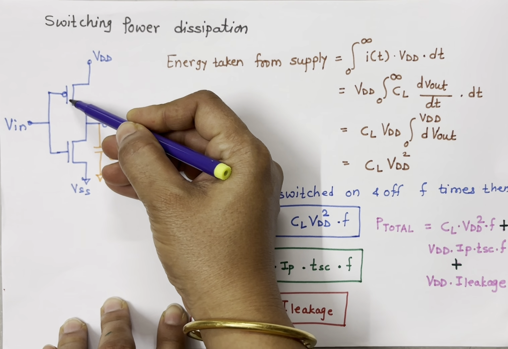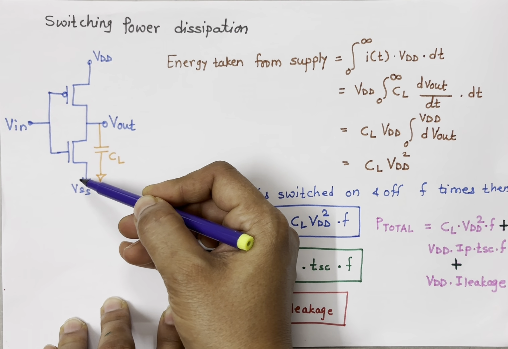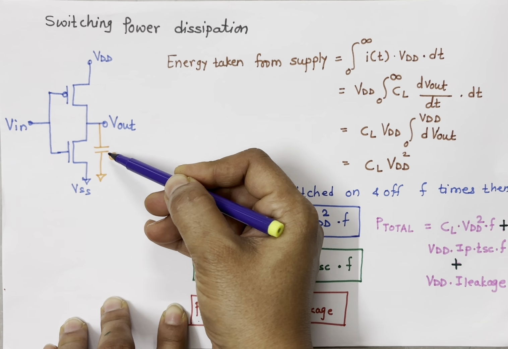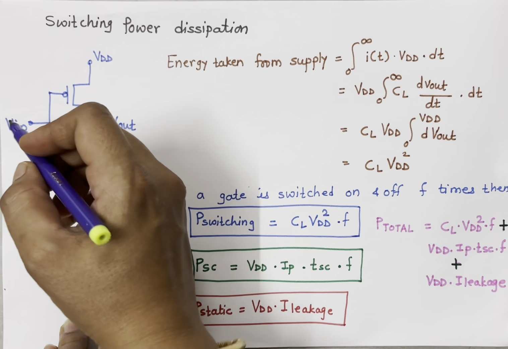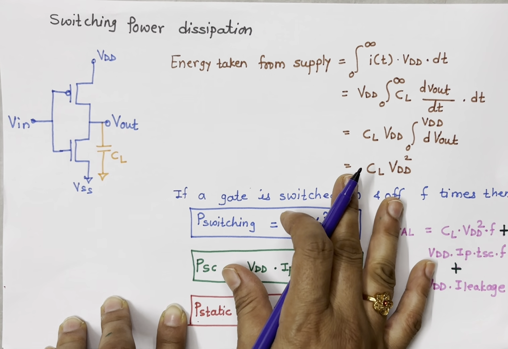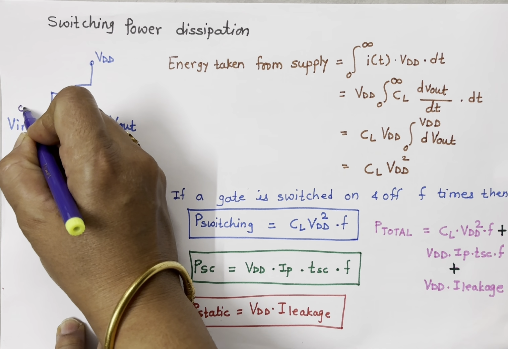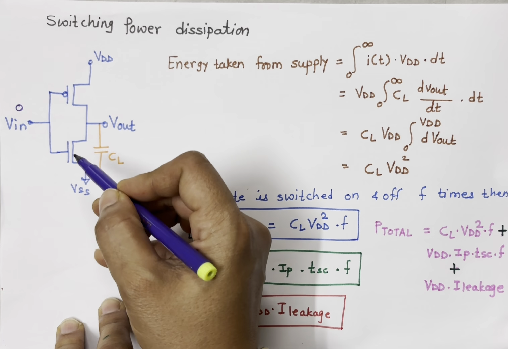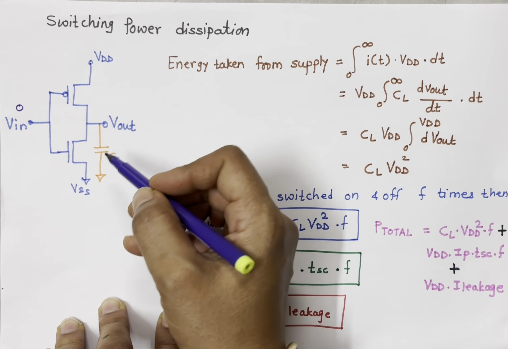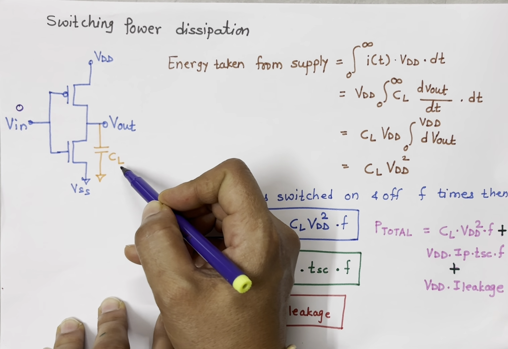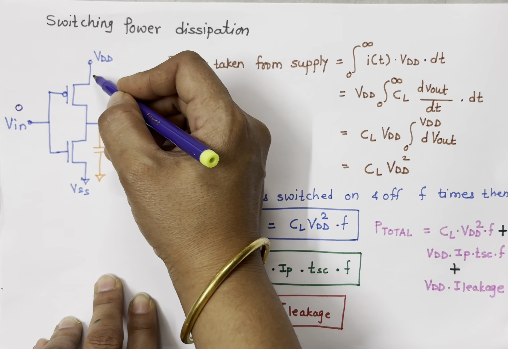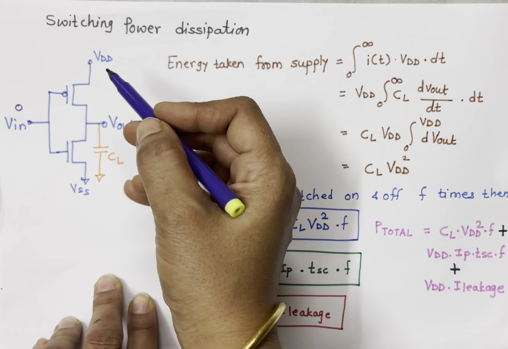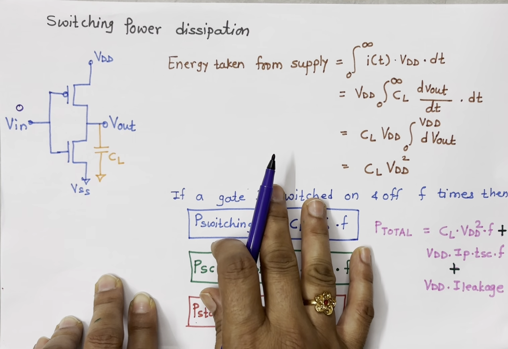It has PMOS in pull up, NMOS in pull down, and CL is load capacitance. So when input is 0, PMOS turns on, NMOS turns off, and this load capacitance CL charges through the P channel MOSFET. So it takes some energy from the supply.